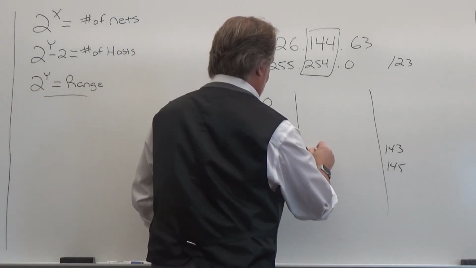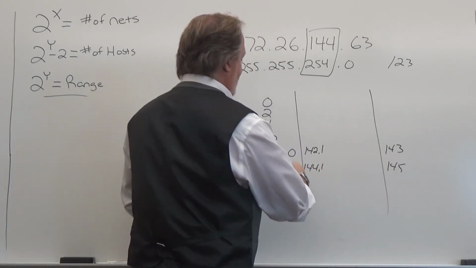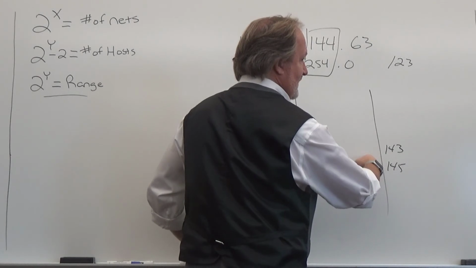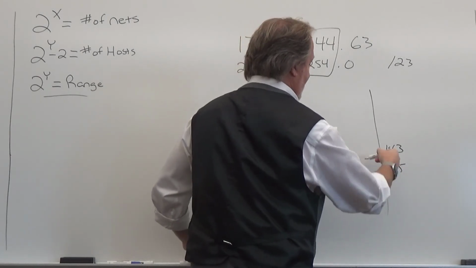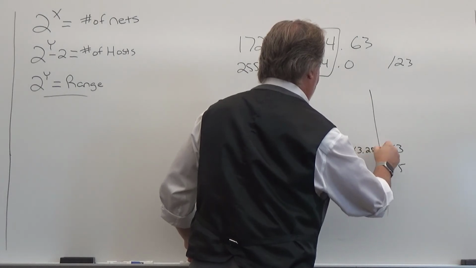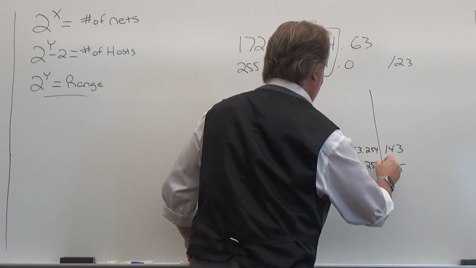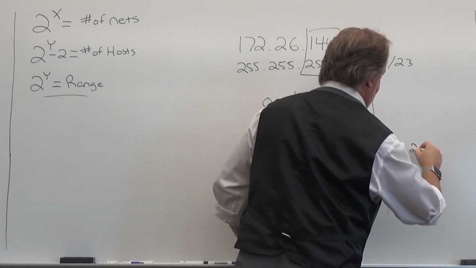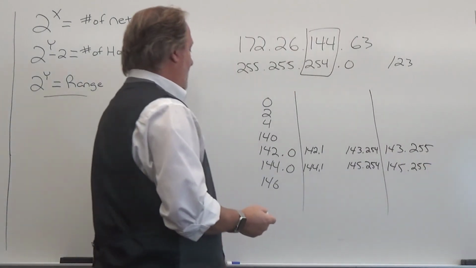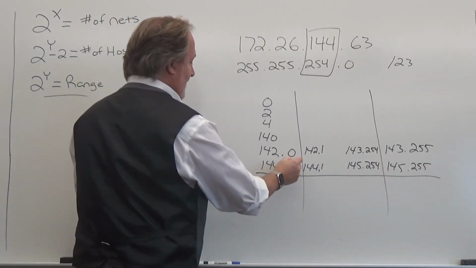And then 142.1, 144.1. So we take the first two numbers, 0 and 1. Then we take the last two numbers, 255 and 254 and 255. So this would be 143.254, 145.254, .255, 255. So the subnet that I would belong to would be this.